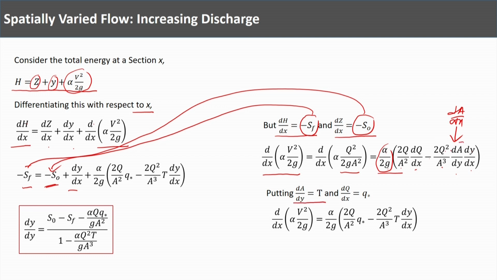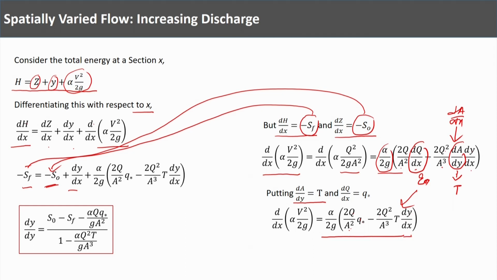So, this term is T, and this is q star. Finally, I am getting alpha by 2g, within bracket 2q q star by A square minus 2q square T by A cube into dy by dx.